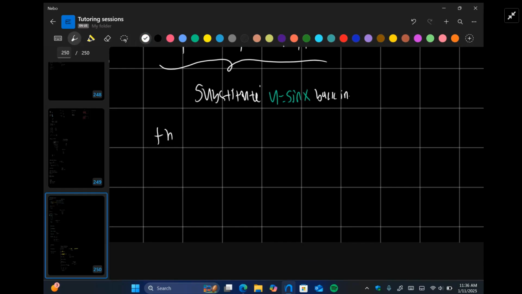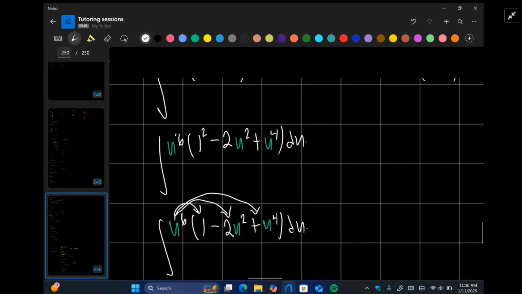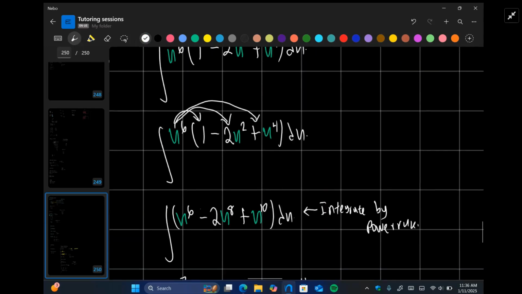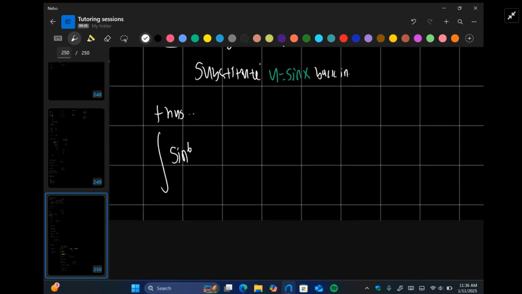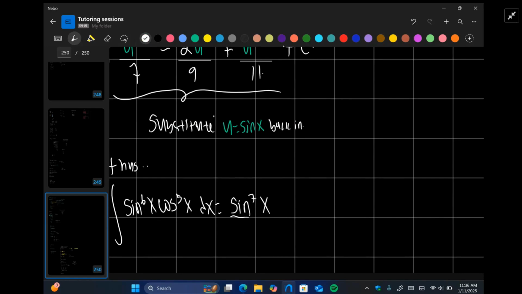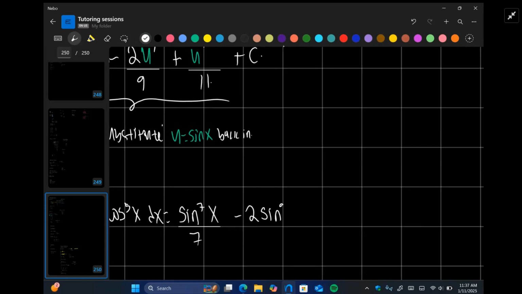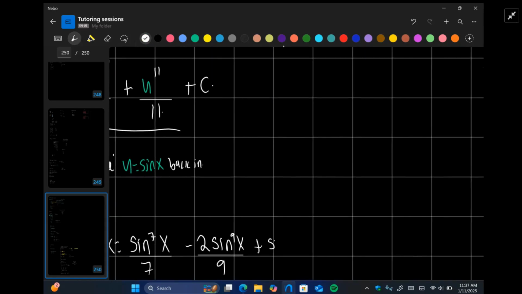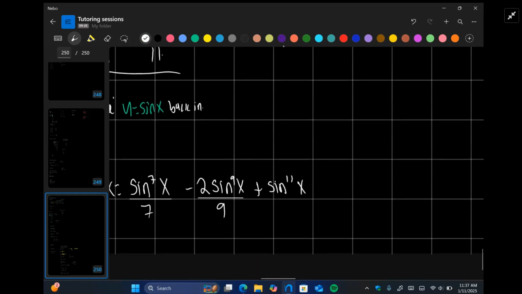So thus the integral of sine to the 6x cosine to the 5th x dx equals sine to the 7th x over 7 minus 2 sine to the 9th x over 9 plus sine to the 11th x all over 11.